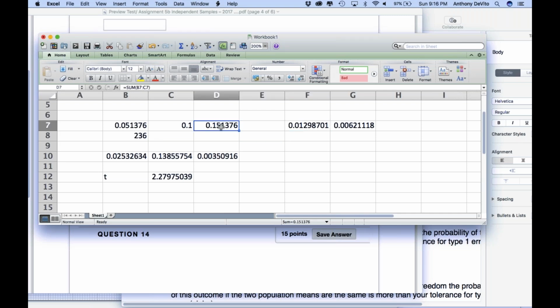Oh, hang on a second here. Let's see. That's the top, which is the sum divided by this, and I want to take the square root of that. No, I think I got that wrong. Hang on a second here.